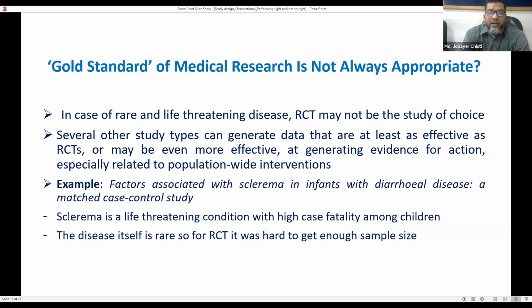Several other types of study generate data that are at least as effective as RCTs and maybe even more effective in generating evidence. One example is a study done at ICDDRB, Dhaka, Bangladesh, on the factors associated with sclerema in infants with diarrheal disease. This is an age and sex matched case control study.